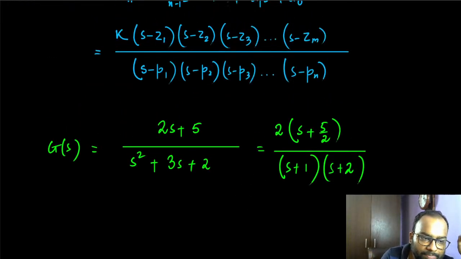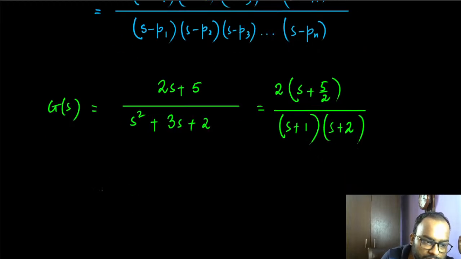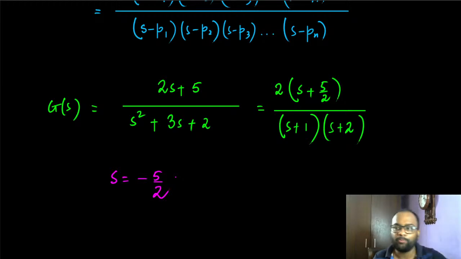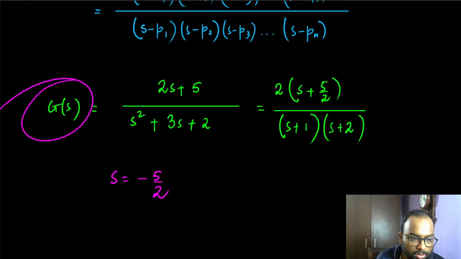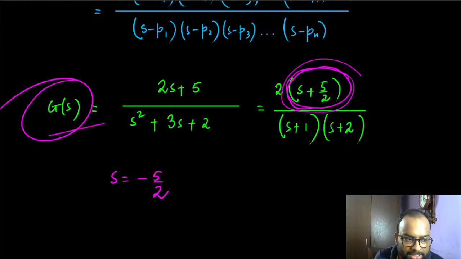Now look at this example. What if I choose s equal to minus 5 by 2? What's going to happen? If I put s equal to minus 5 by 2, I would see that this factor becomes 0, and that's how the transfer function becomes 0.